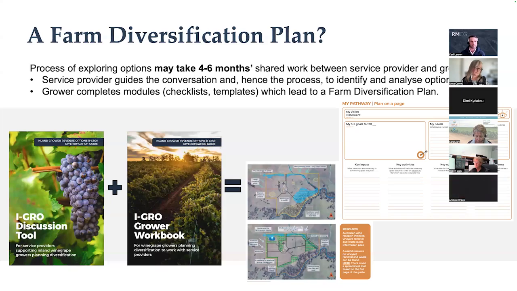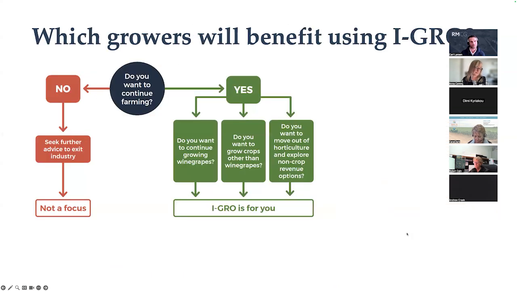The grower completes some of those modules that I mentioned before in the workbook, which includes the templates and checklists, and that ultimately leads to the farm diversification plan itself.